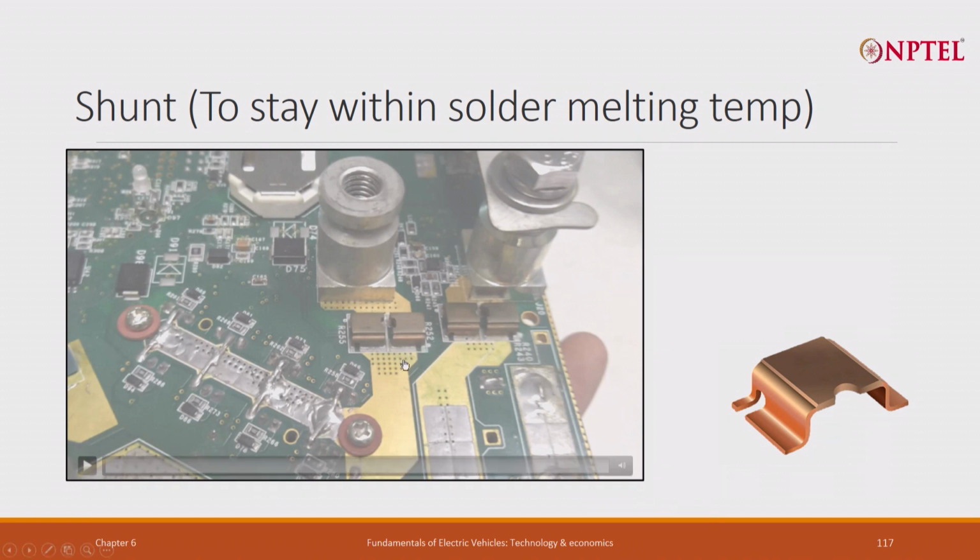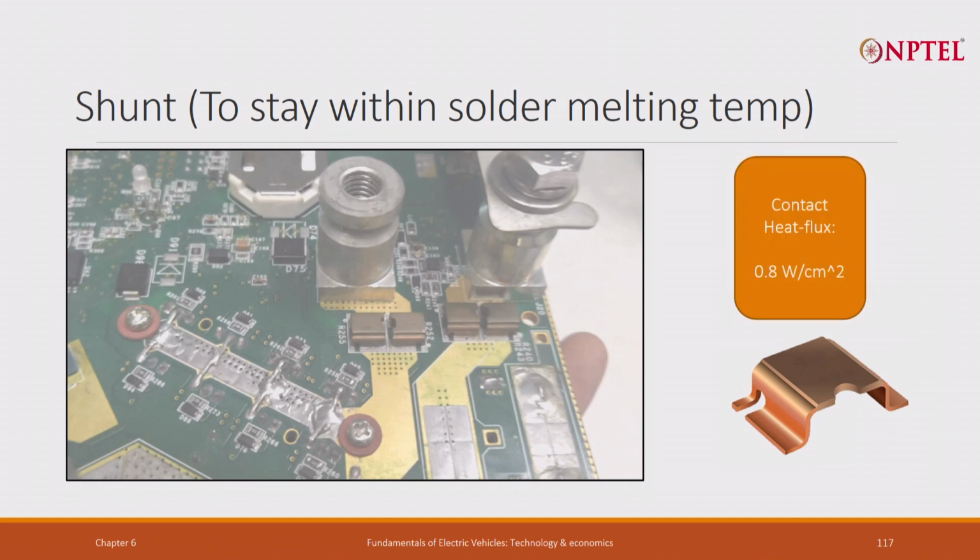You can see the copper tracks here and the shunt is here, and between them what you see is the solder. That solder is holding the shunt onto the copper track, and a heavy current is flowing through it. Because a heavy current is flowing through it, it will get hot. If it gets too hot, the solder will melt and the component will come loose. We want to avoid that.